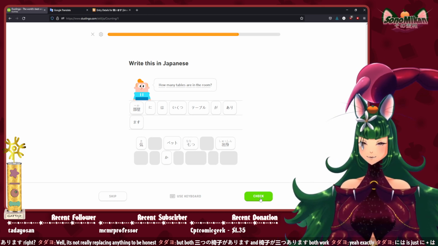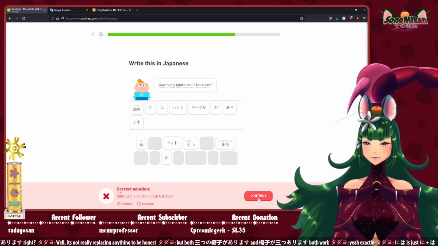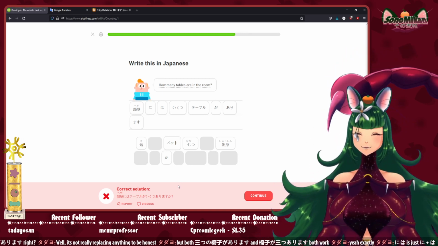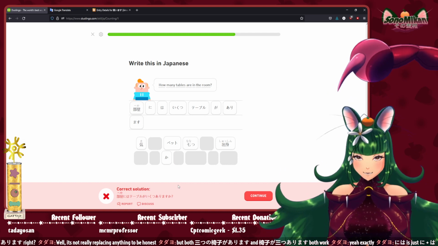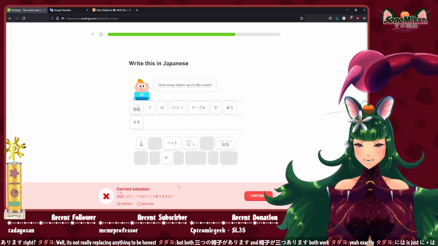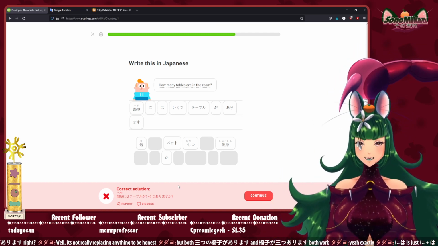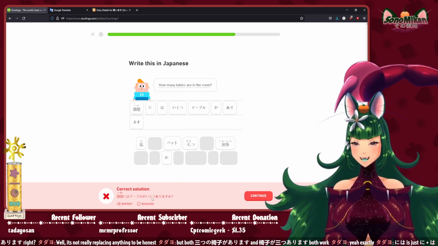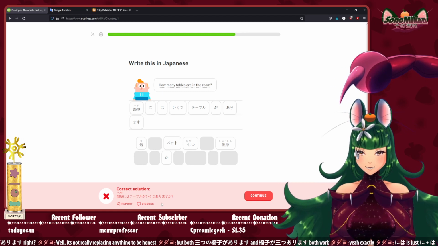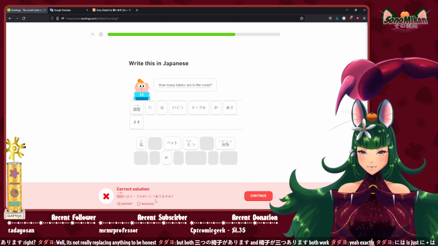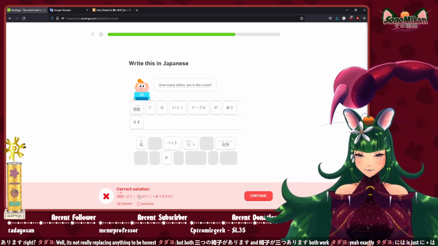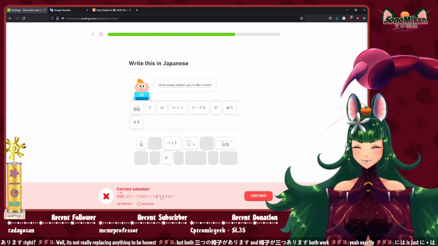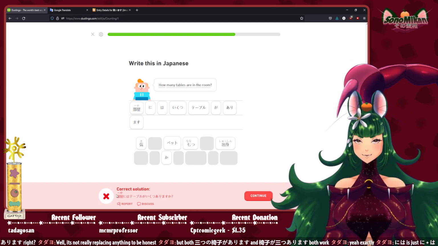I feel like I've gotten the order of this sentence wrong. Okay, no, let's look at this. Okay, I was right the first time. I need to not doubt myself. Heya ni wa teburu ga ikutsu arimasu. So it's because it's how many exist in the room. How many exist tables?